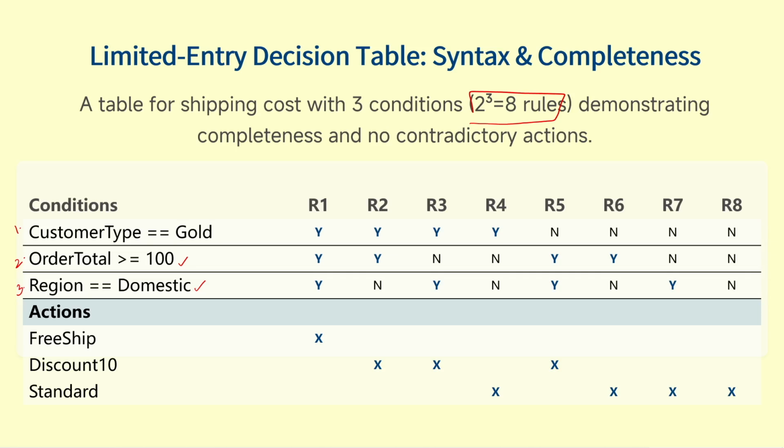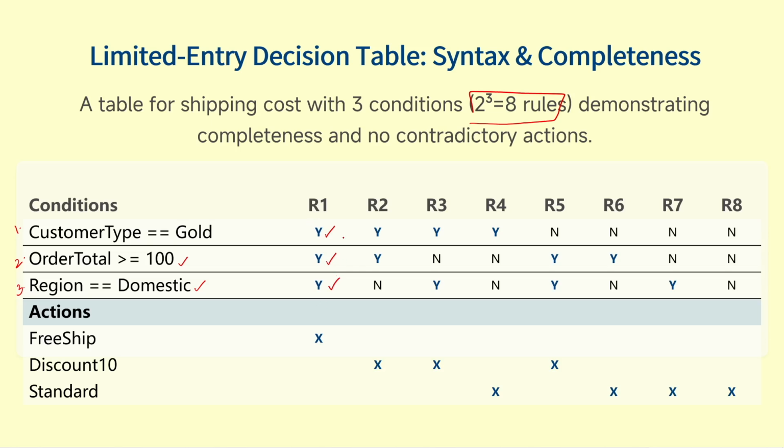Okay. So the conditions are specified at the left and the yes or no is represented, and based on that we are trying to specify the actions. If you consider the customer type being gold is true, which is yes, order total greater than 100 is also yes, and region is equal to domestic, which is also yes.